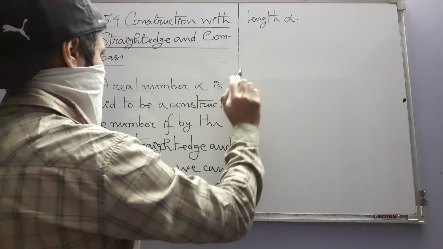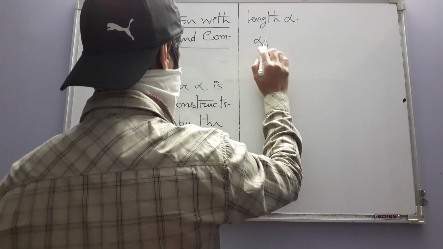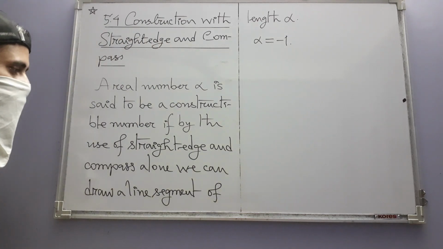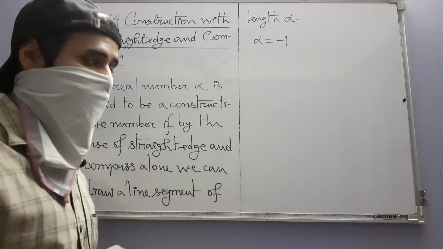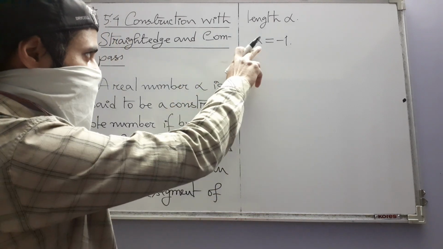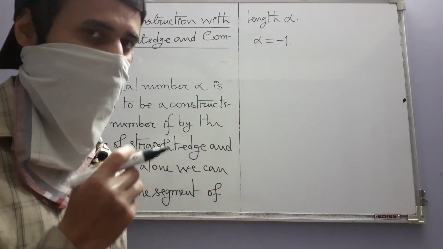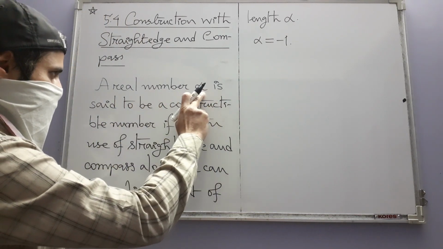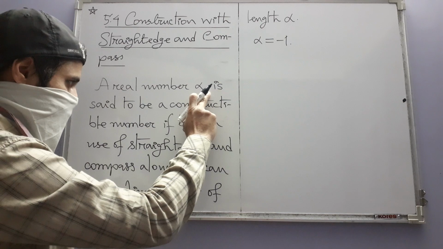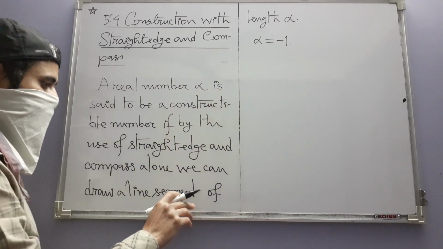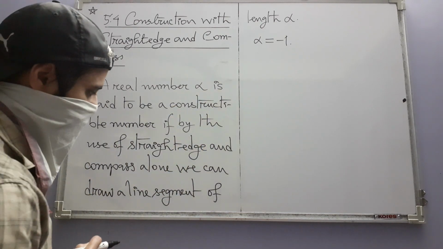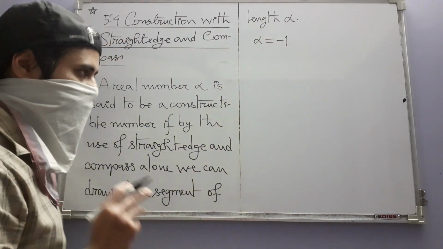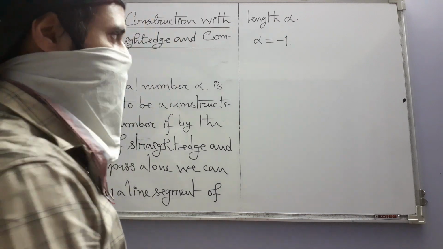If your alpha is, say, -1, then the statement doesn't make sense for that value of alpha, or in fact for any negative real number alpha, since nothing here tells us that alpha has to be a positive real number. The statement does not make sense when alpha is negative. That is because a line segment of length alpha is being mentioned, and length cannot be negative.